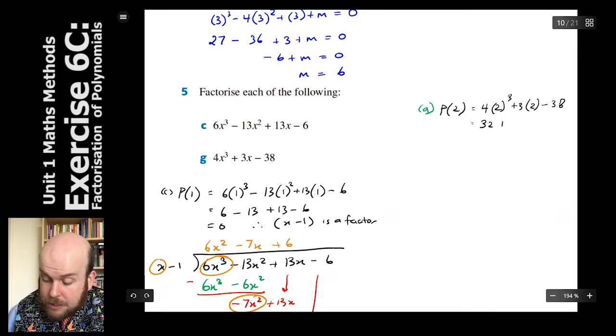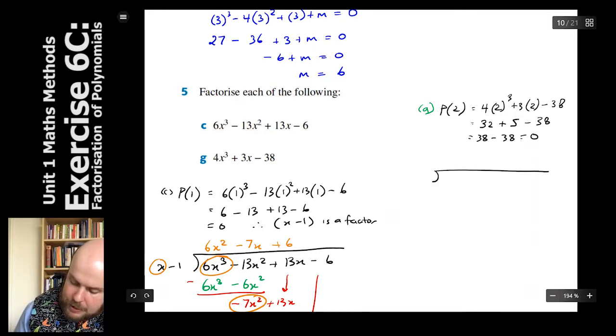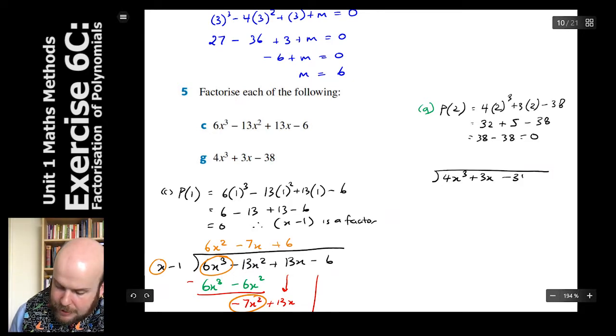So 4 times 8 gets me 32, plus 6 minus 38, huzzah, 38 take away 38 gets me 0. So we're going to go and divide accordingly. I'll just write x minus 2 is a factor.